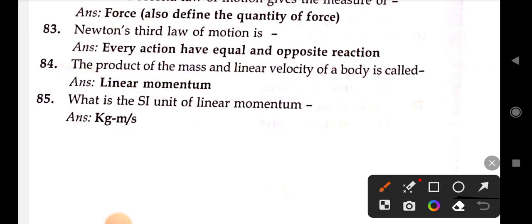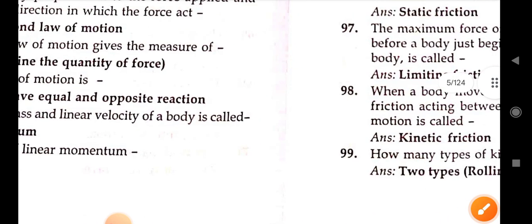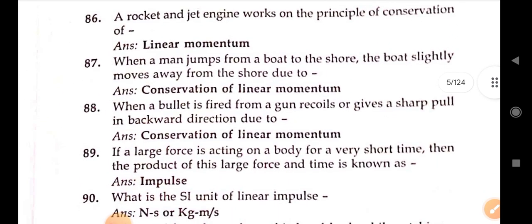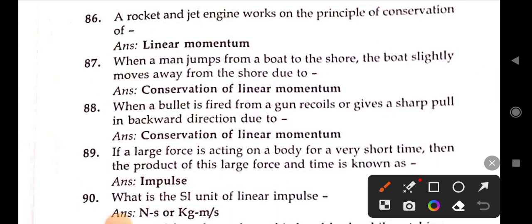Next, the product of mass and linear velocity of a body is called linear momentum. What is the SI unit of linear momentum? Kg meter per second. A rocket and jet engine work on the principle of conservation of linear momentum.